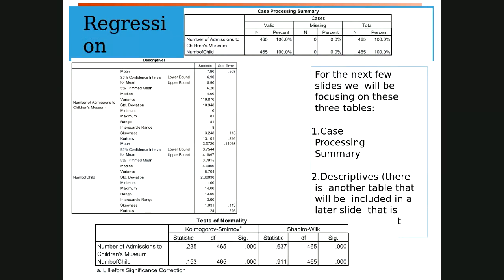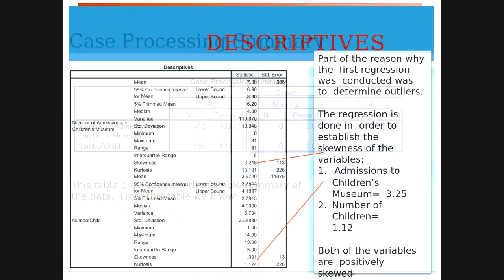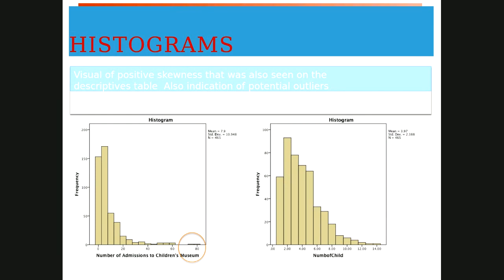So in that case, the first thing I would probably try to do would be a transformation to see if I could make the skewed variable a little bit more normal in terms of distribution, and see if that took care of the outlier problem and made the kurtosis score better.